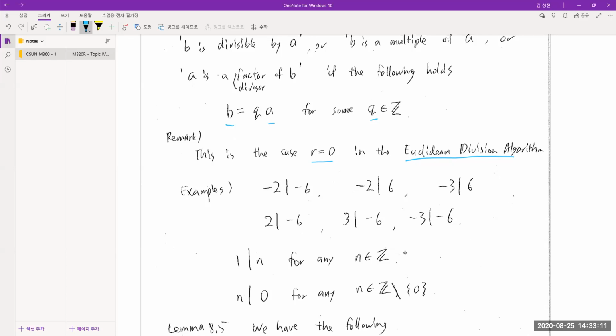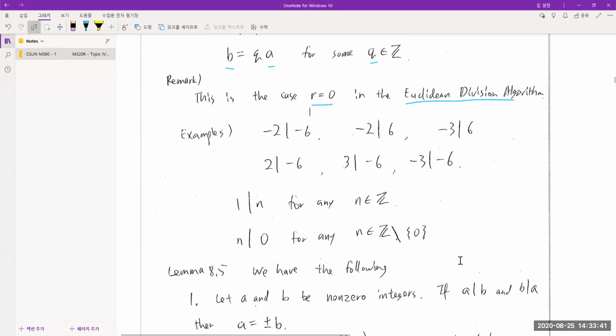So a few examples. -2 will divide -6, since we multiply 3 to this, then we get -6. -2 also divides 6 because we multiply -3 to this, then we obtain 6. Similarly, -3 divides 6, and 2 divides -6, 3 divides -6, and -3 divides -6.